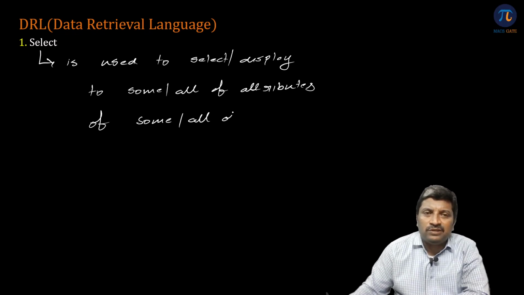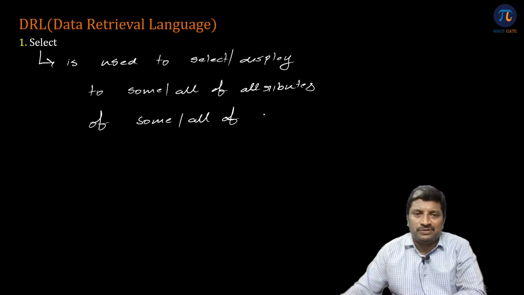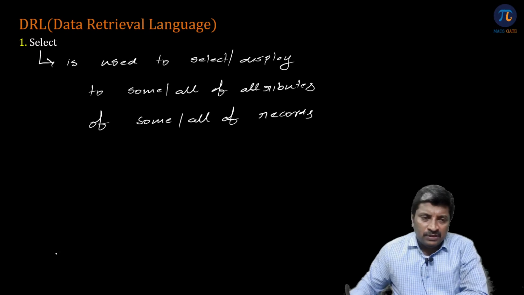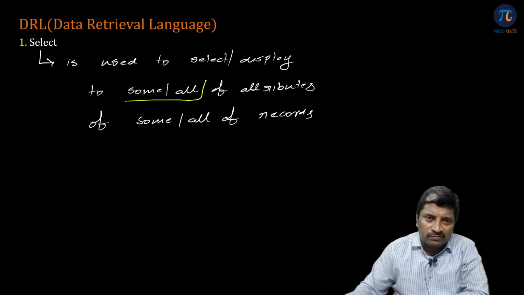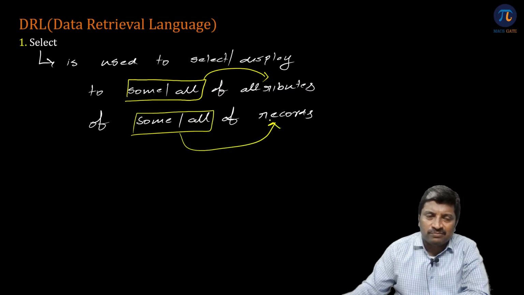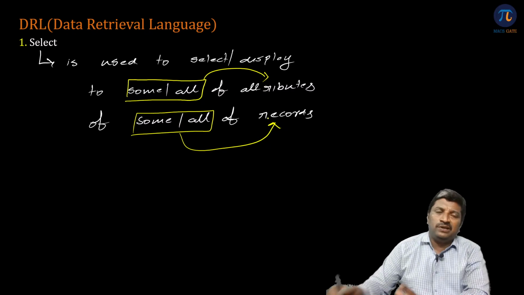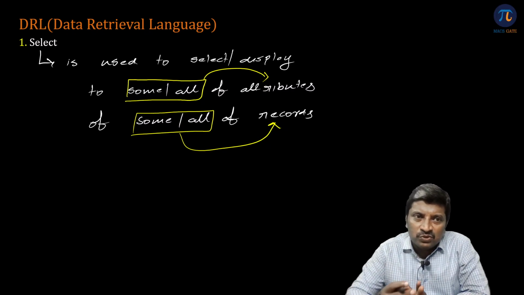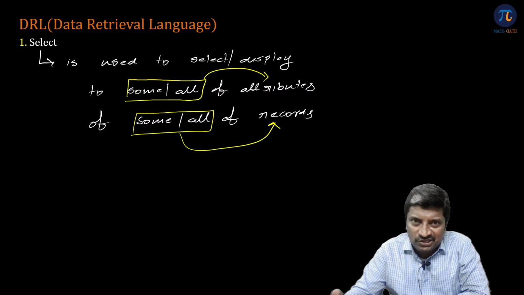Suppose I want the names of all the employees. So here the story is, what are the attributes you want to display? And for which employees you want the details. So these two we need to specify. DRL is more important with respect to our GATE exam point of view. So this select, the only command we will discuss in the upcoming sections.